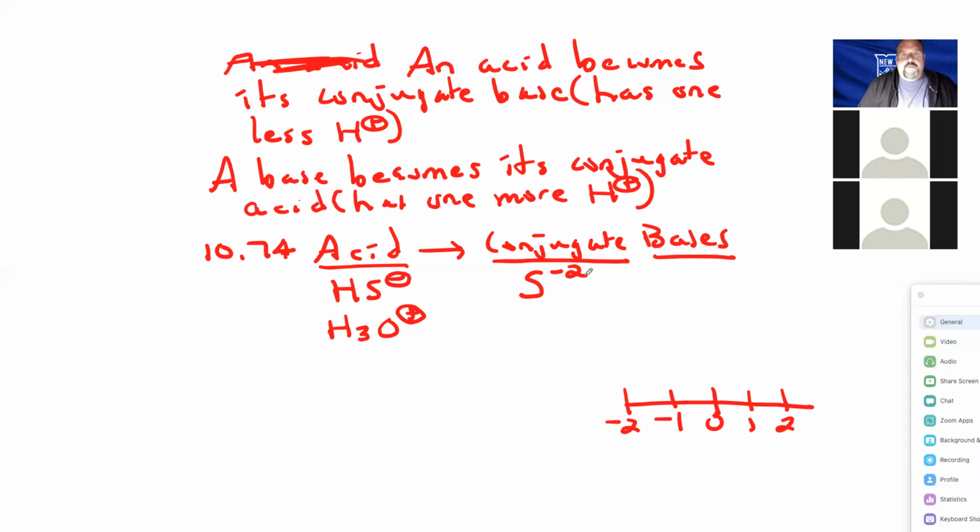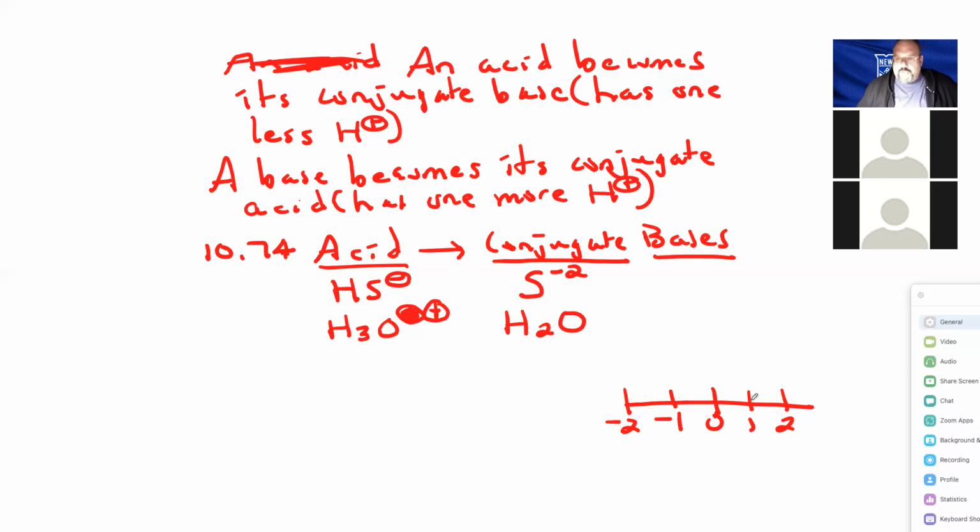H3O plus. Again, we're going to take out an H. In this case, there are 3 hydrogens. If I take out 1, I still have 2. Nothing happens with the oxygen. So as of now, I have the formula H2O. Now, the charge was +1.